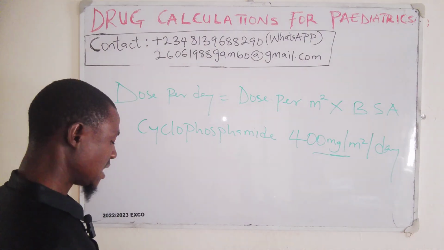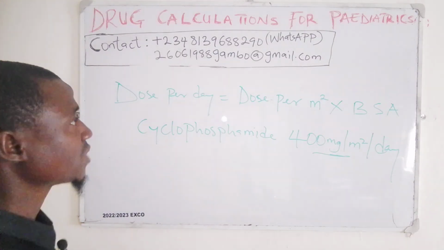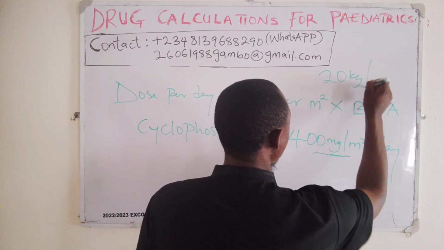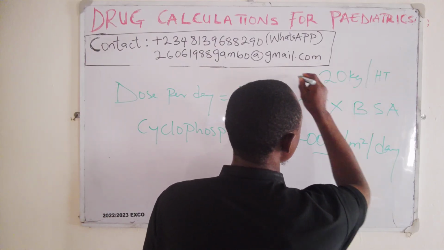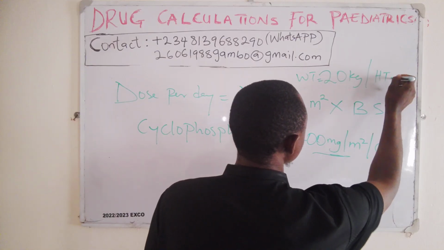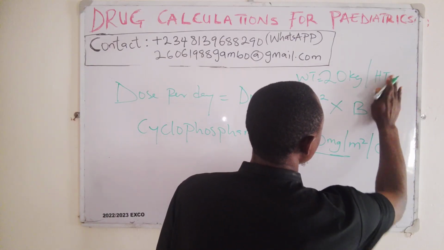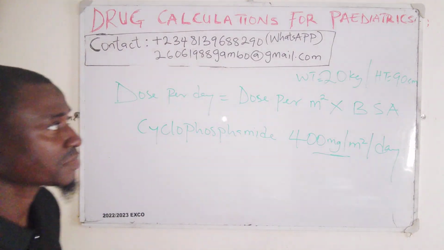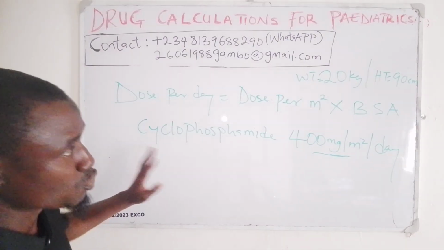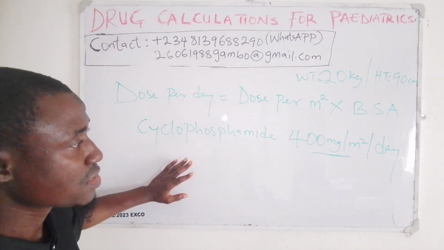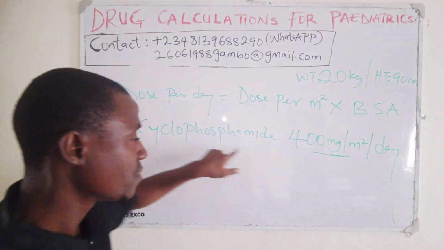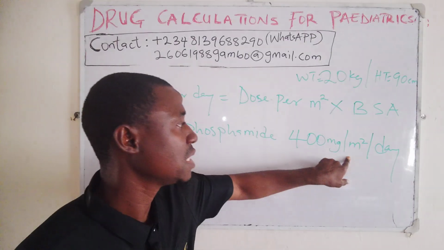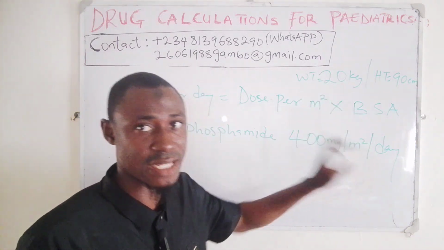Now let's assume we are dealing with a child that weighs 20 kilograms, and the height of the child is 90 centimeters. Let's assume this is the dose of cyclophosphamide prescribed, 400 milligrams per meter square per day.